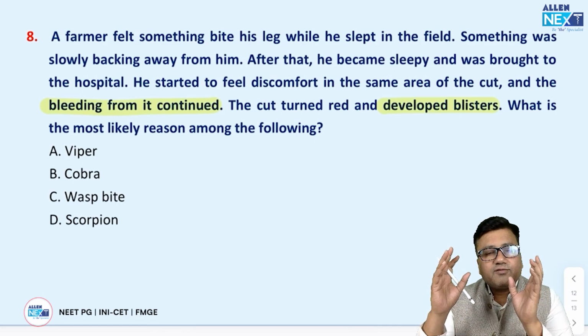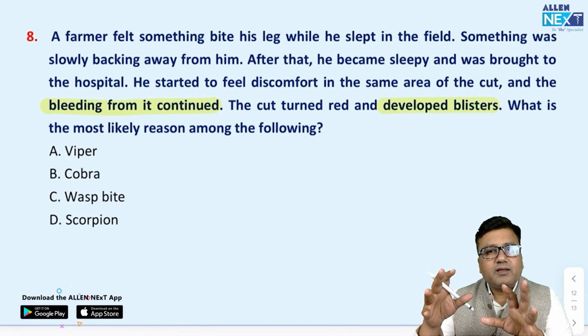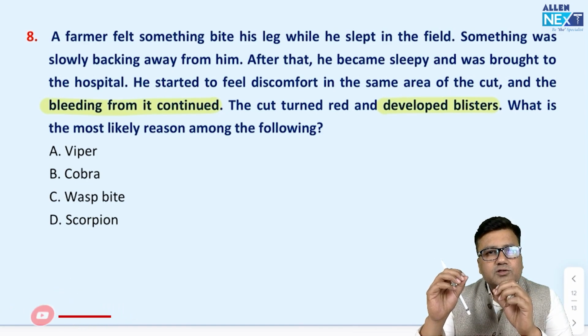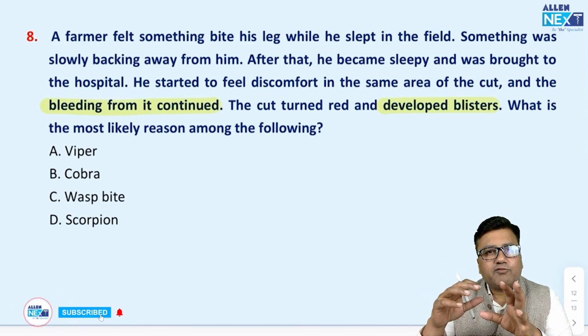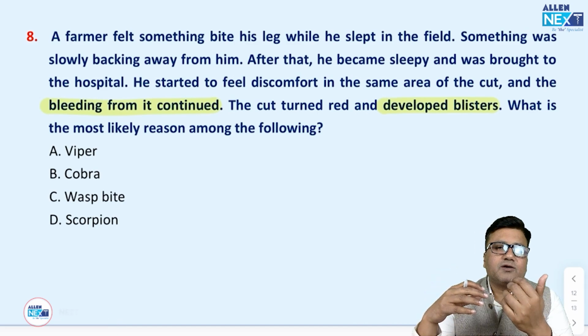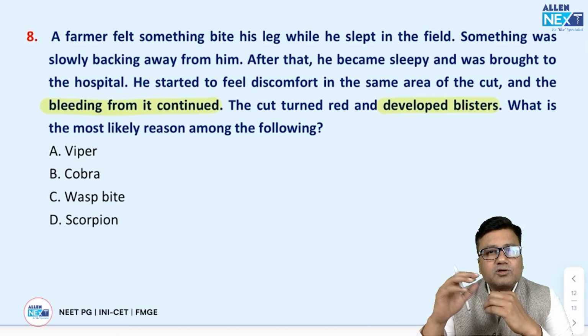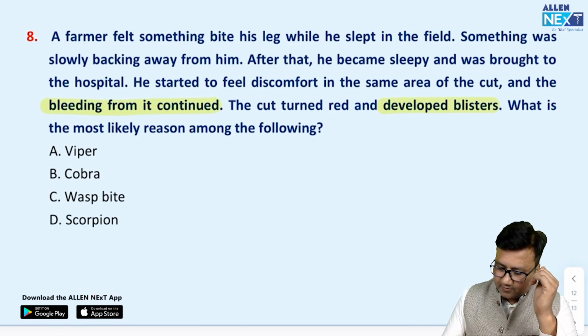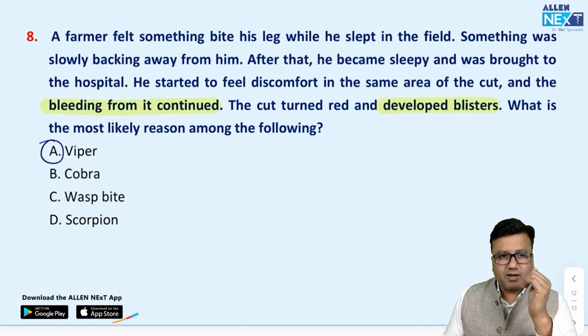Okay, so if we read the question completely, development of blisters and continuous bleeding from the site of bite is consistent with a hemotoxic snake bite, which means this snake would be a viper.